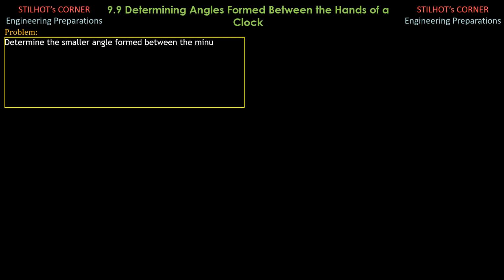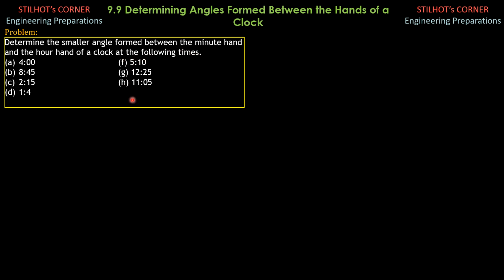So we need to determine the smaller angle formed between the minute hand and the hour hand of a clock at the following times. So these are the different times. And in order to answer these questions, these problems, we need to have a guide.